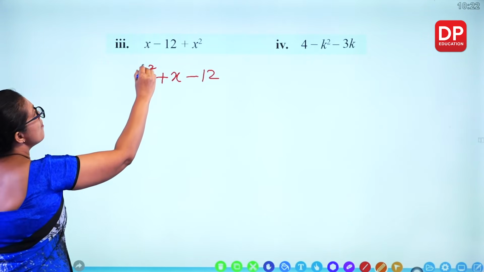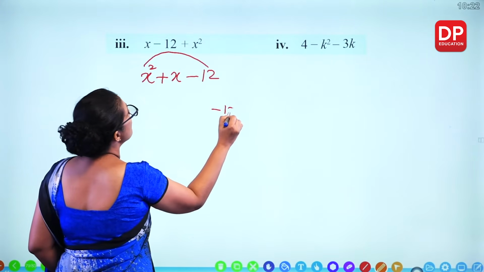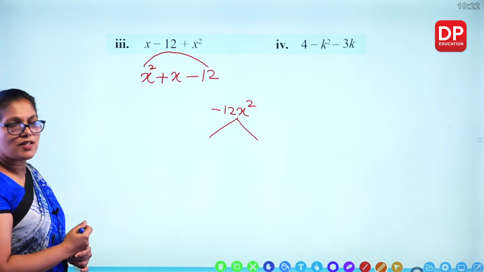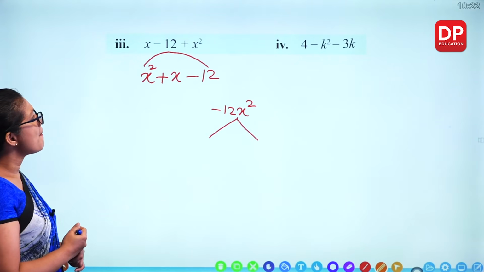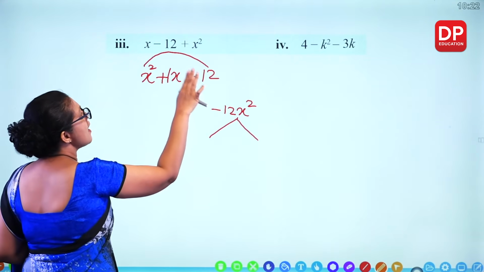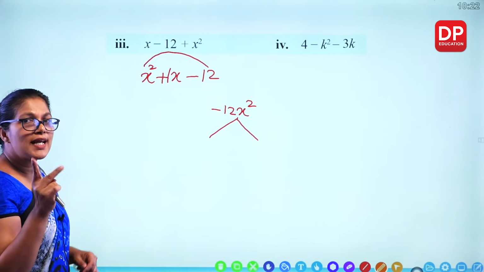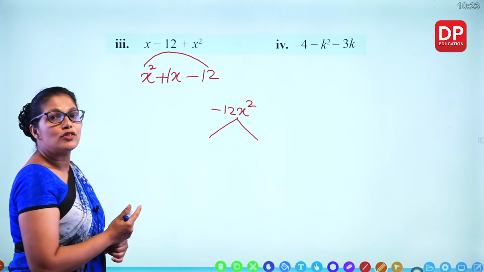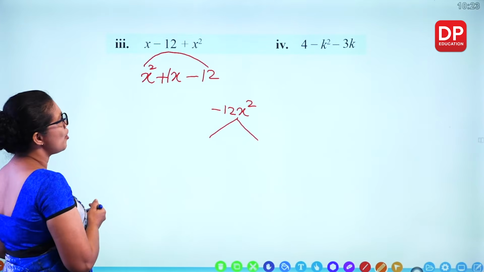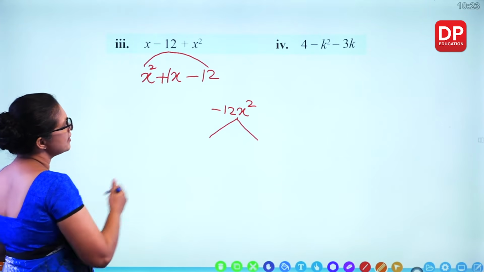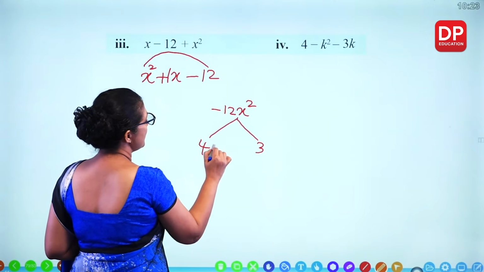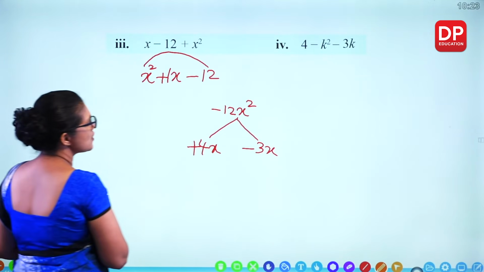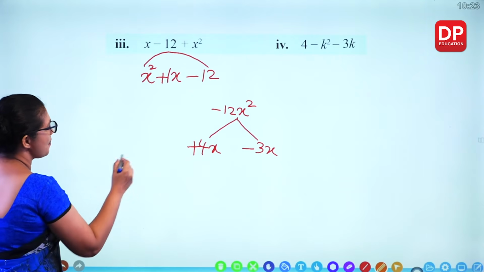Now, multiply these two, you get negative 12x squared. Find the factors of minus 12x squared to get plus 1. Last one is negative, means we take the difference. Difference is plus 1. So, the larger factor is positive. What are the factors? 4 and 3. Larger factor is positive, means this is plus 4 and minus 3.